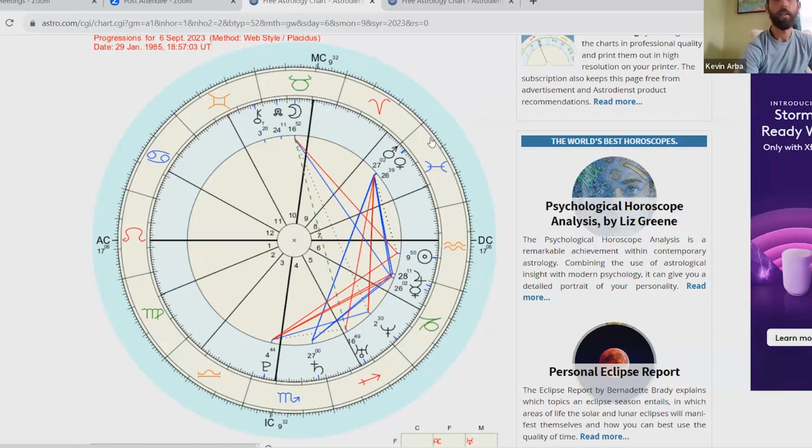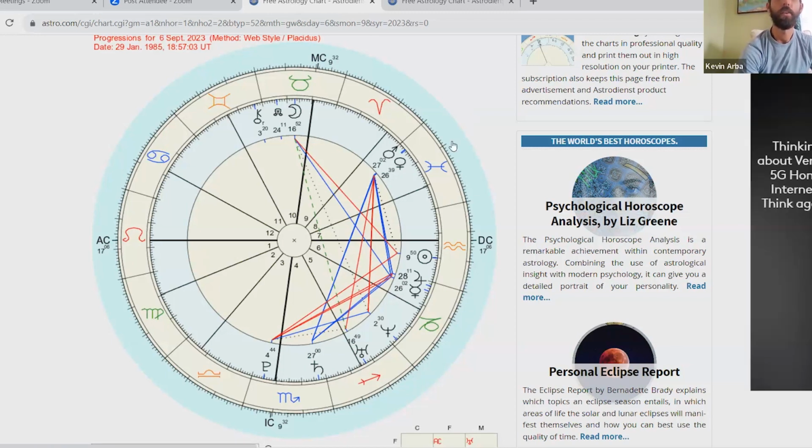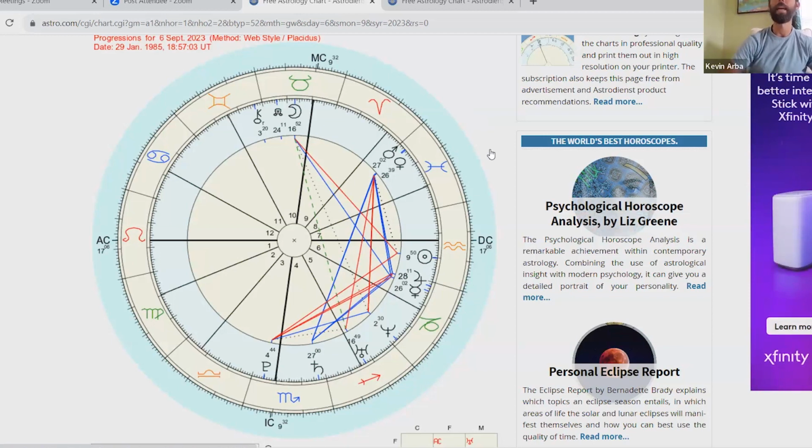And in addition to that, transiting Pluto's here at the end of Capricorn. So transiting Pluto is actually conjunct my progressed Jupiter right now. And my progressed Mercury will be progressing very close to transiting Pluto, because transiting Pluto is now slowing down.